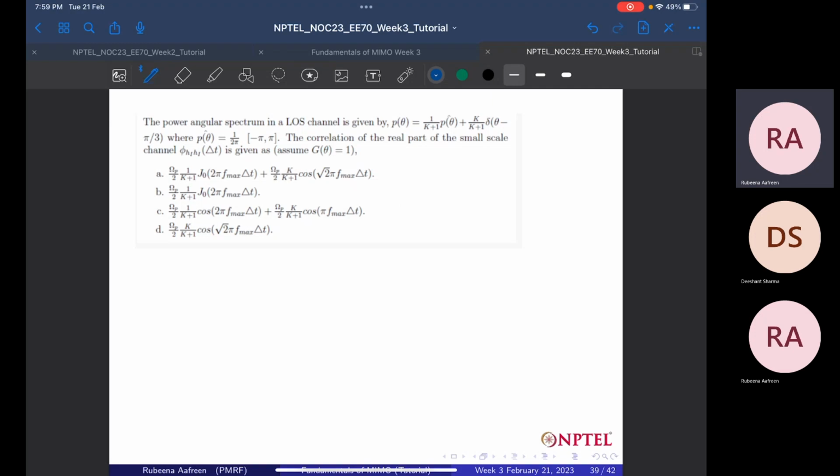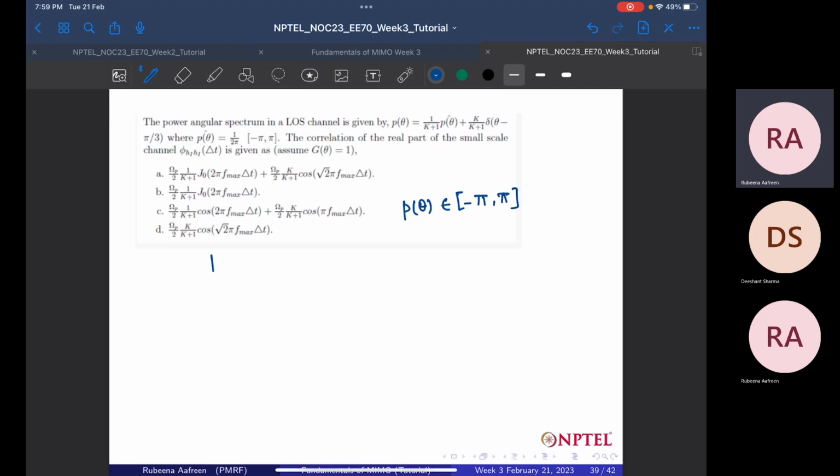This question, you see, where we discussed signal correlation, we had assumed p theta is uniform between minus pi to pi. But there can be cases when p theta is not uniform.